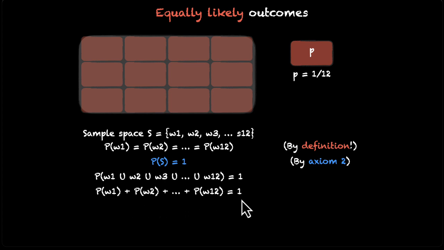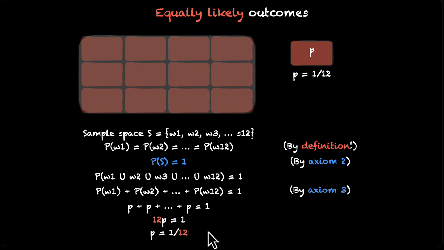This is also equal to 1. We can say that by axiom 3. All these probabilities are equal. Let's say that that value is P. So we have 12 P's, all of them adding up to 1. So 12P is 1 and that means P is equal to 1 by 12. So your intuition was right. The probability is 1 by 12, but this is how you prove it using the axioms that we have discussed.